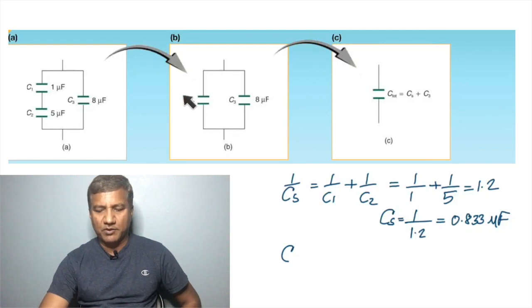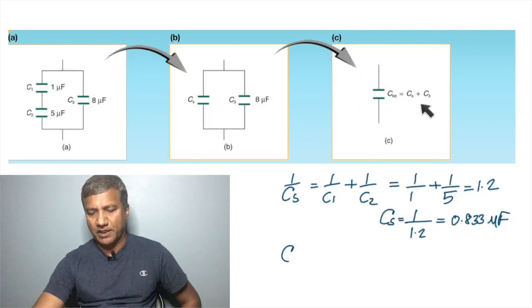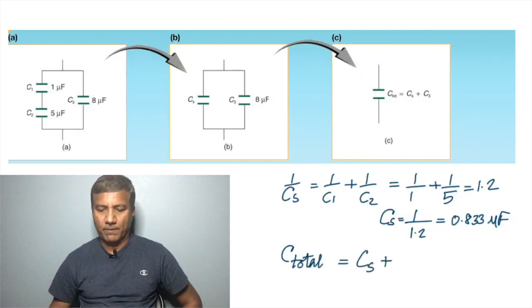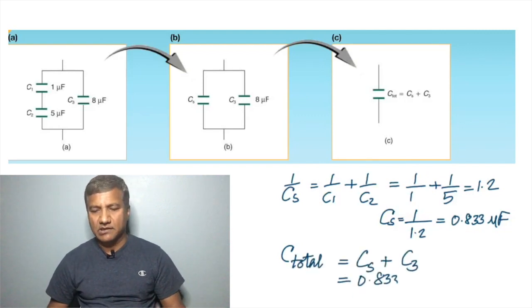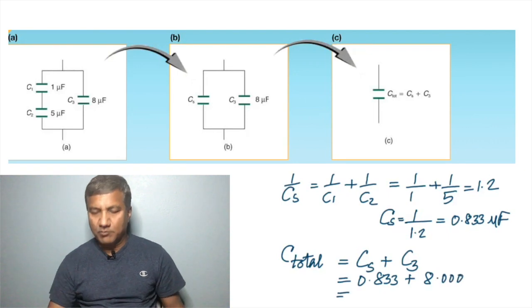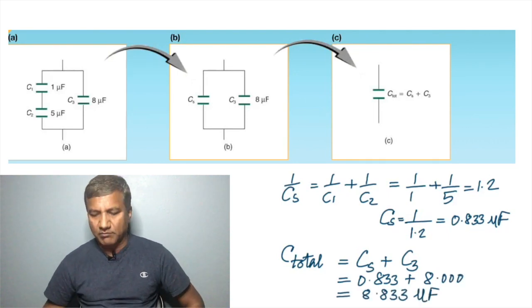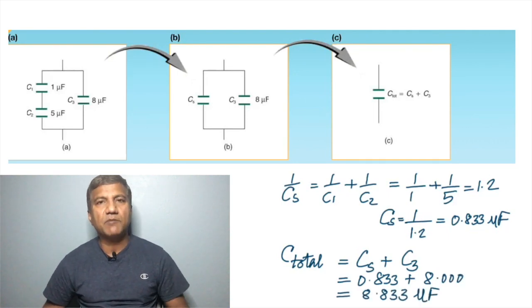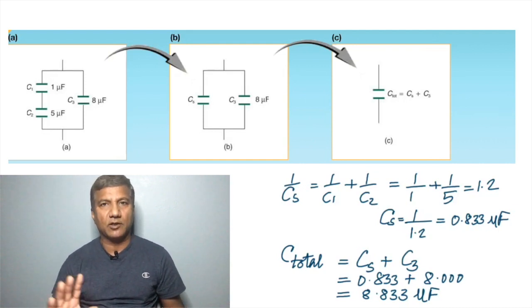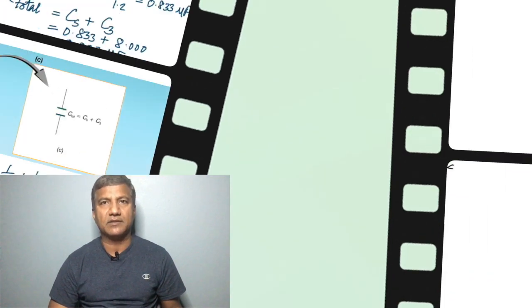Once you get this to be 0.833, these two are now connected in parallel. So to find the total capacitance, we just need to add their capacitances. So the total capacitance is 8 plus 0.833 microfarad, which gives 8.833 microfarad as the capacitance. So this is how problems are worked out dealing with combination of capacitors.